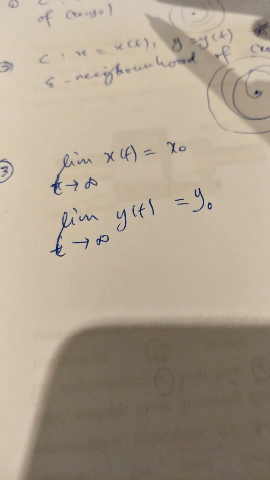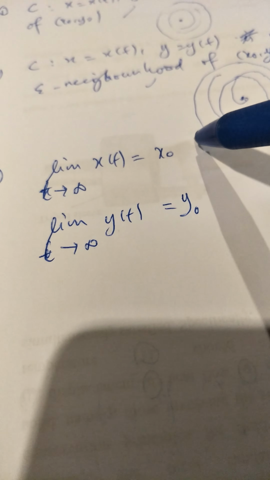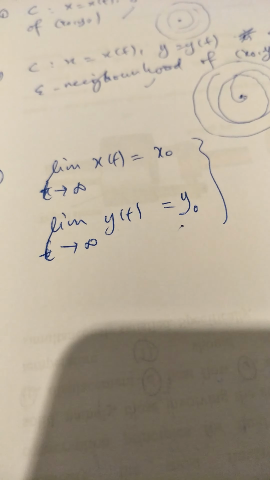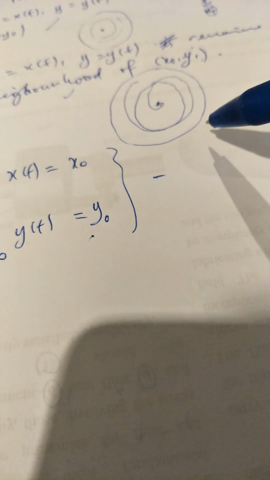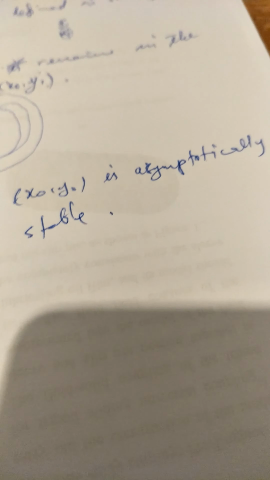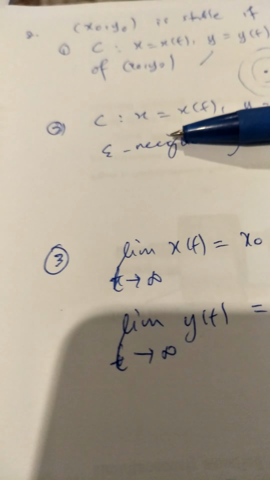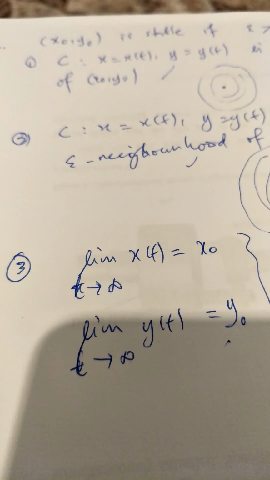So if condition 1 is satisfied, condition 2 is satisfied, and we add condition 3, then we say x0 y0 is asymptotically stable. It is stable if only two conditions are satisfied; with the additional condition, we call it asymptotically stable.